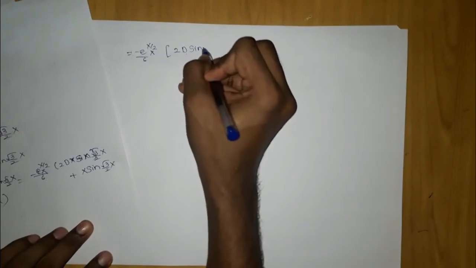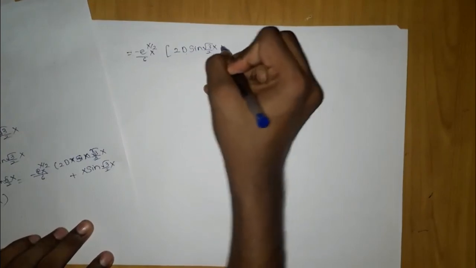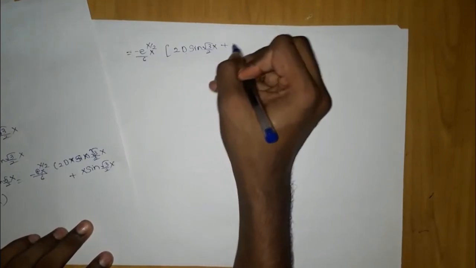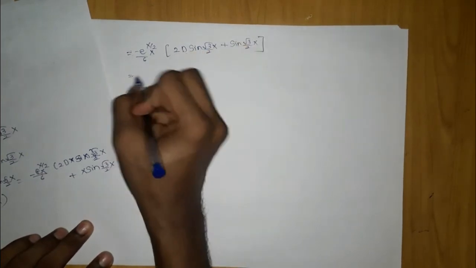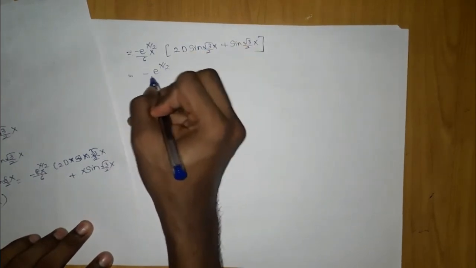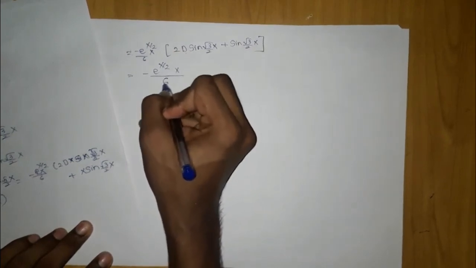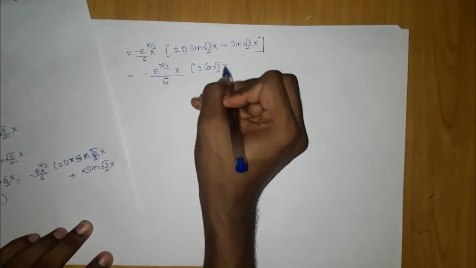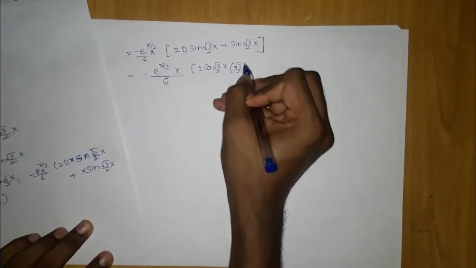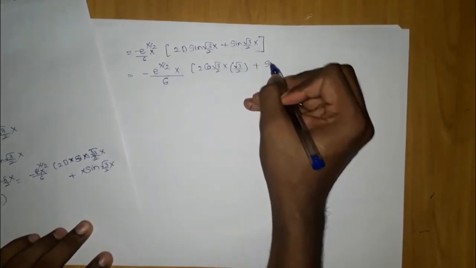So sine root 3 by 2x plus sine root 3 by 2x minus e to the power x by 2 into x by 6, here 2 cos root 3 by 2x into root 3 by 2 by chain rule plus sine root 3 by 2x.